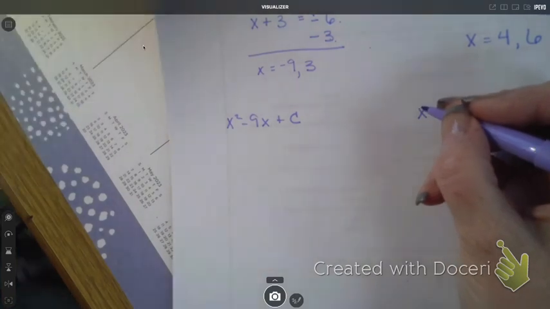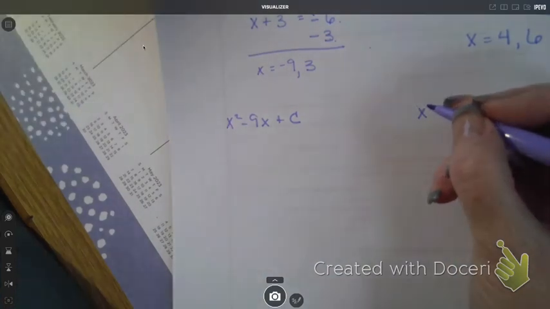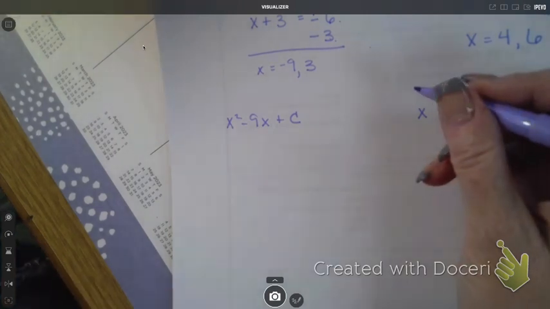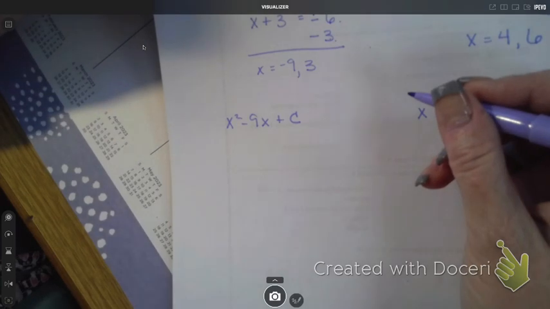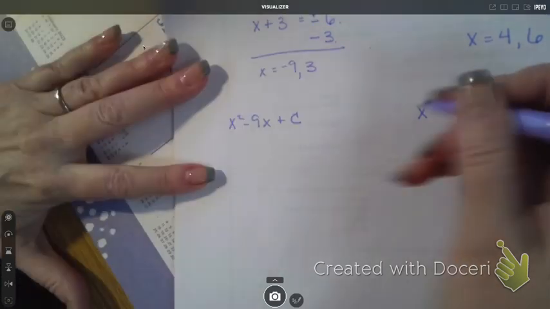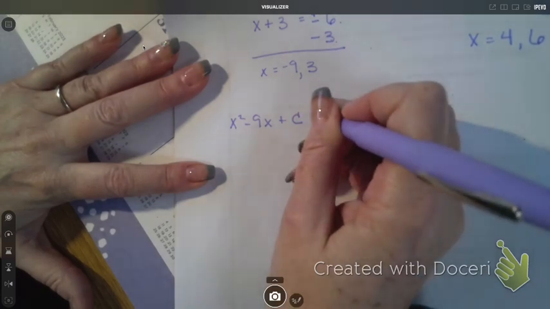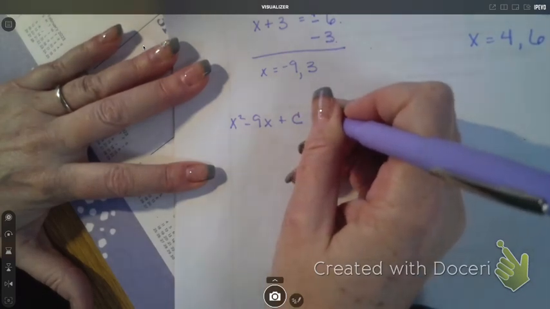Let me make sure these are in your book. Okay, I'm going to make it equal something then, because the ones in your book equal something.